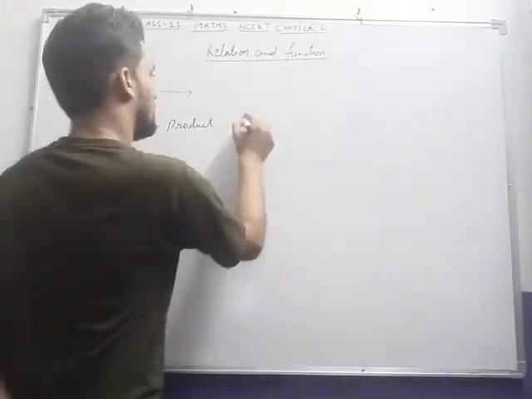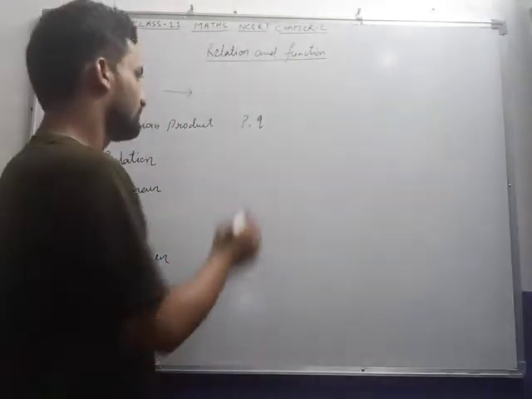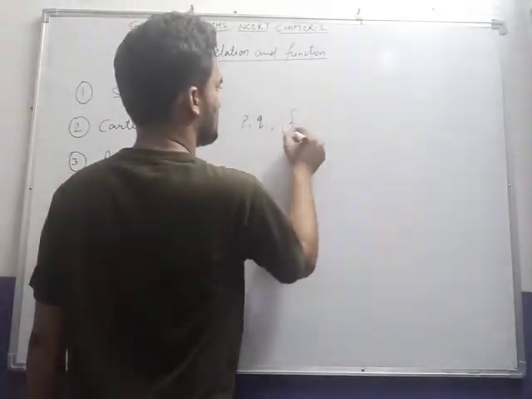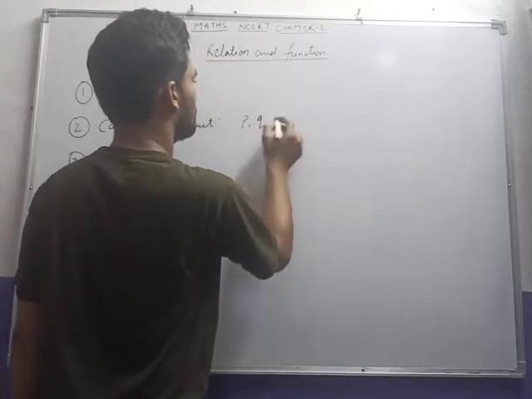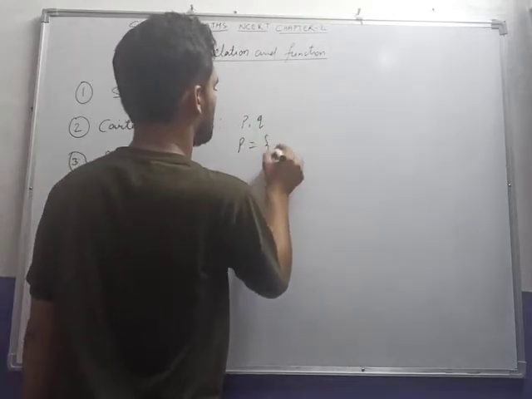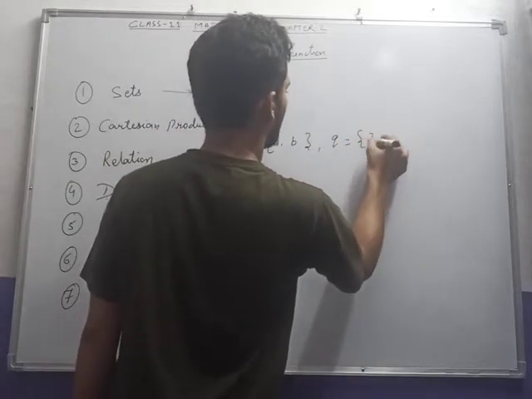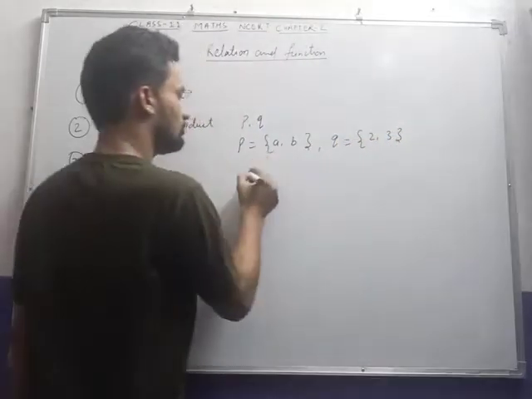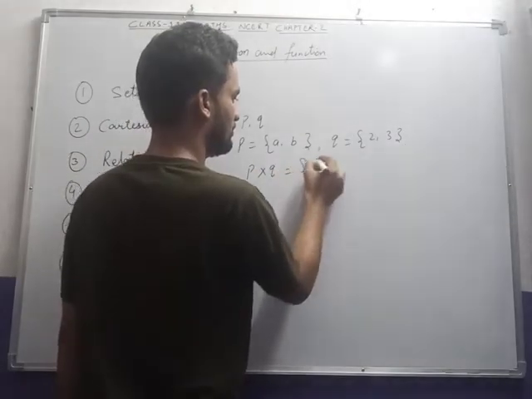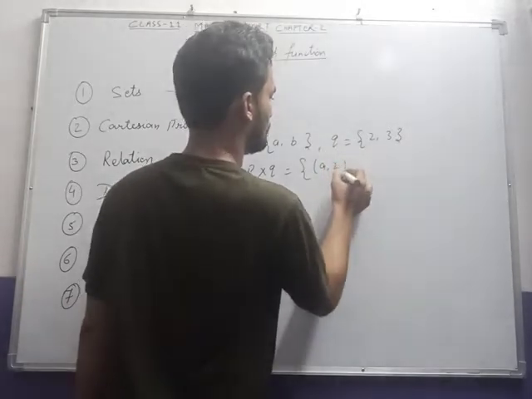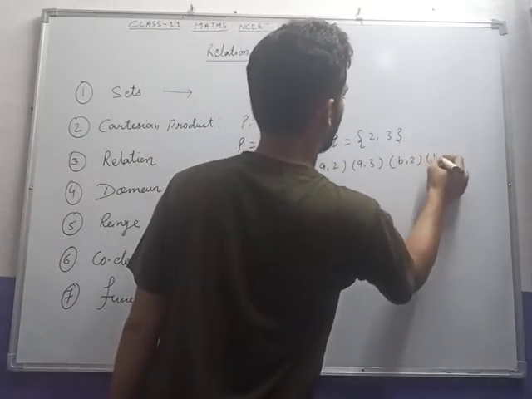Suppose P and Q are two sets, say P is equal to A, B and Q is equal to 2, 3, for example only. Then P cross Q, the Cartesian product, must be what? A 2, A 3, then B 2, B 3.